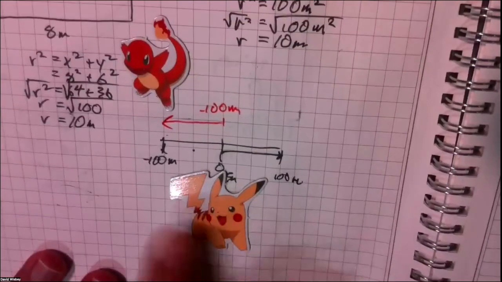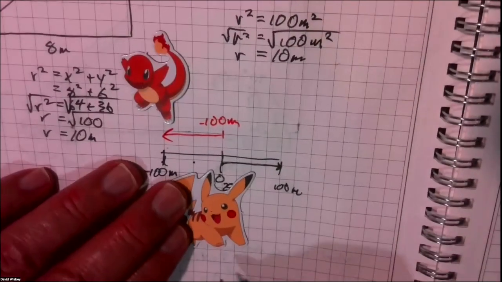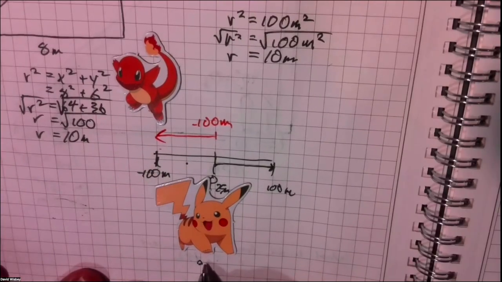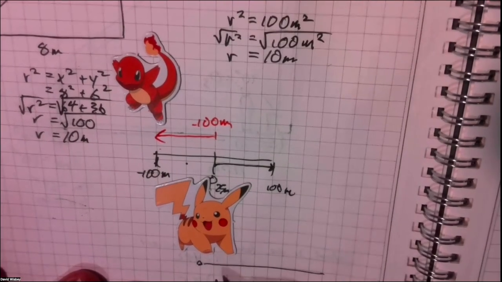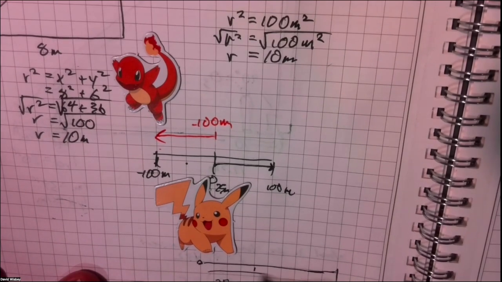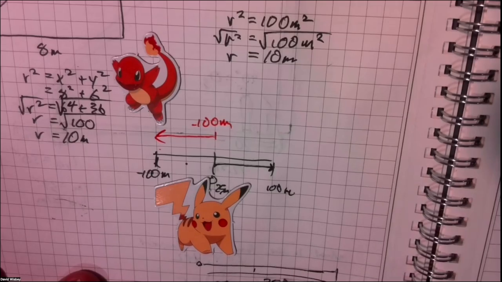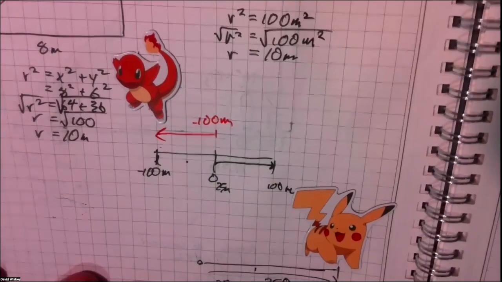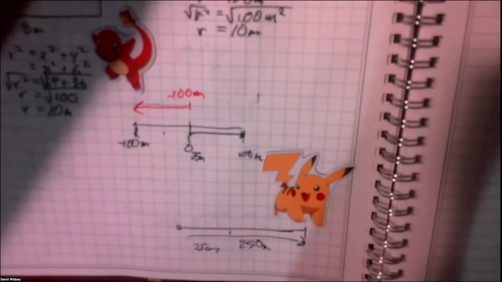Let's say here's our origin, and if Pikachu starts at the origin, he could move over here. How far did he go? Let's say each square is 25 meters, so he's 250 meters this way. So his displacement vector is over there from the origin. That's where Pikachu is.